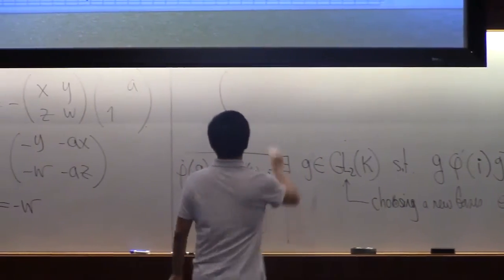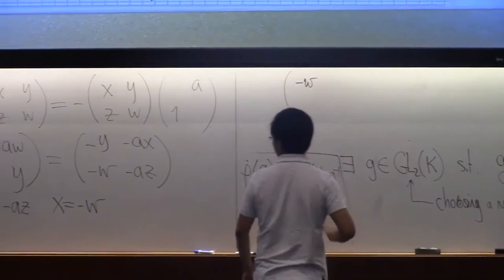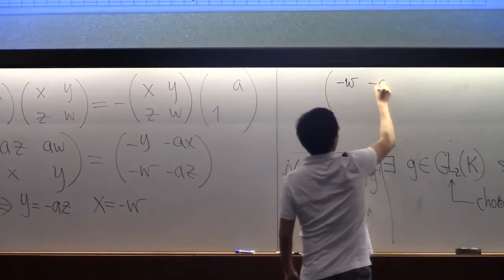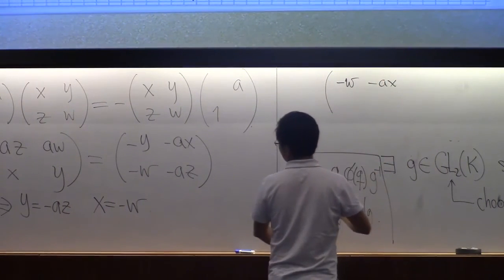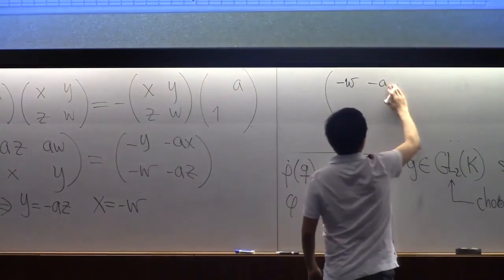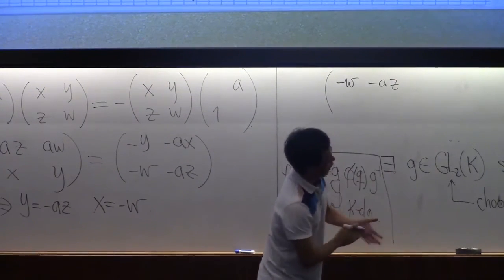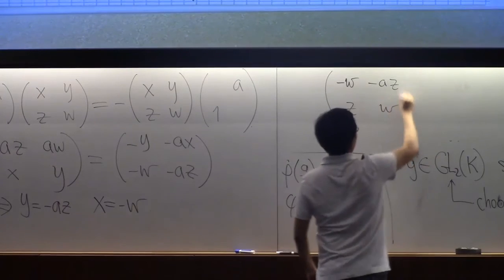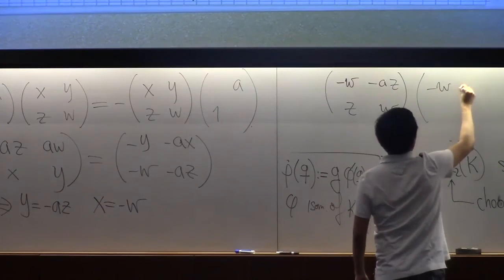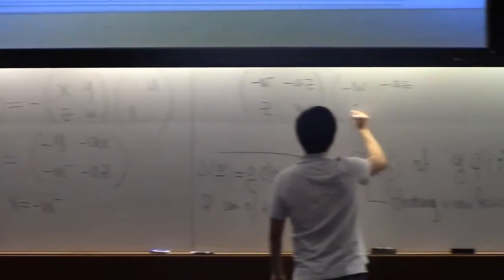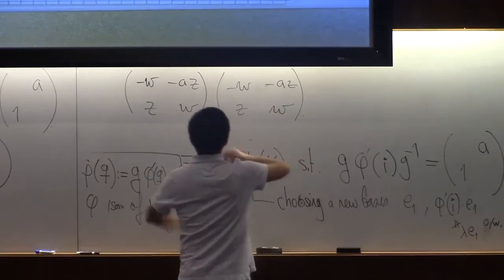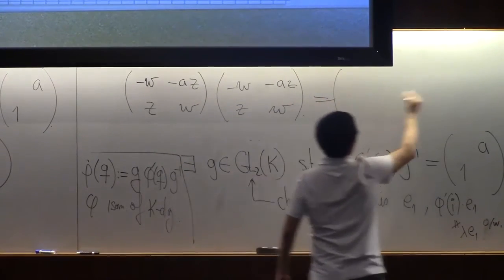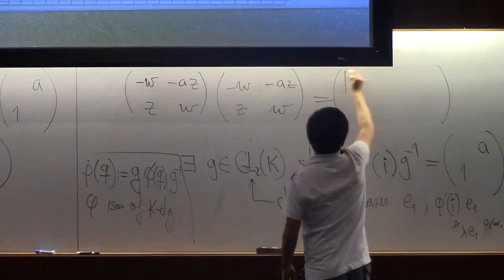So xy is minus w minus ax. Oh, sorry, ac. And here I have zw squared. So I'm just going to do one term calculation. So equal to, I'm just going to do this term here.